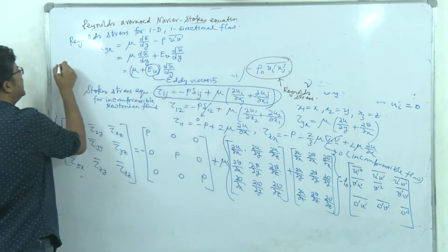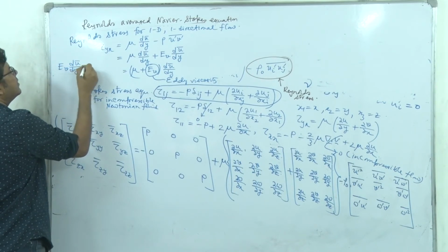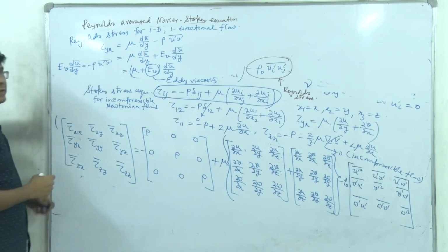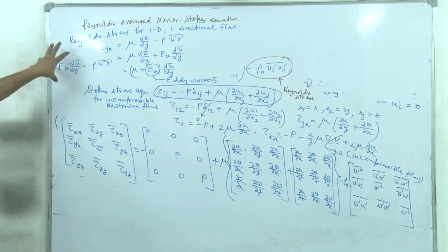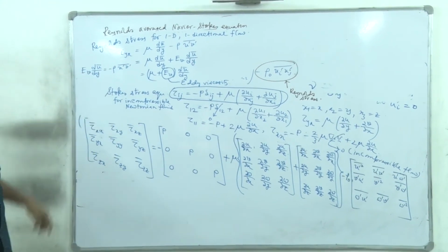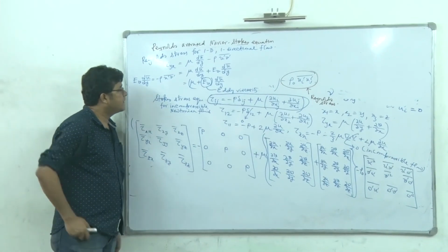So how are we defining it? Eddy viscosity into d u bar dy is equal to minus rho u prime v prime average. So Reynolds stress we are forcibly equating to the Newton's law of viscosity format, and therefrom we are defining something called eddy viscosity, right?